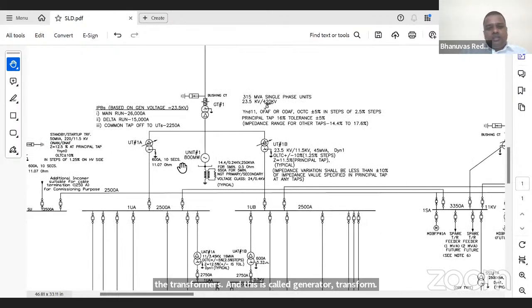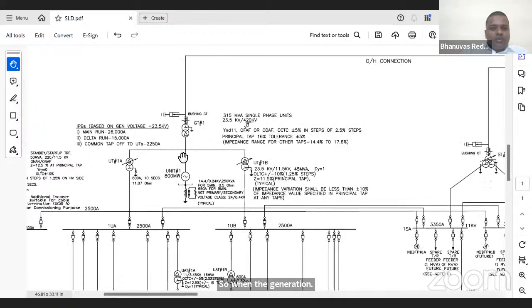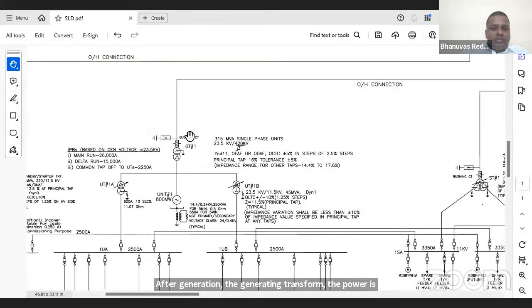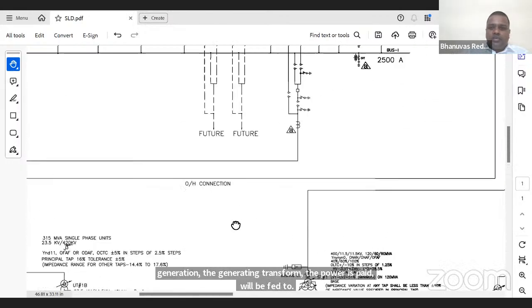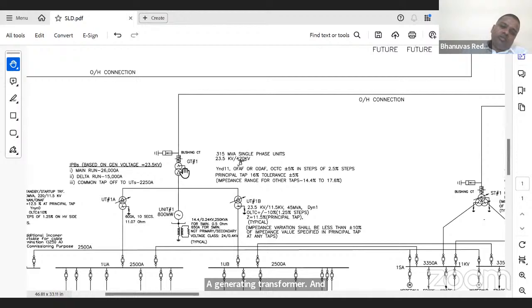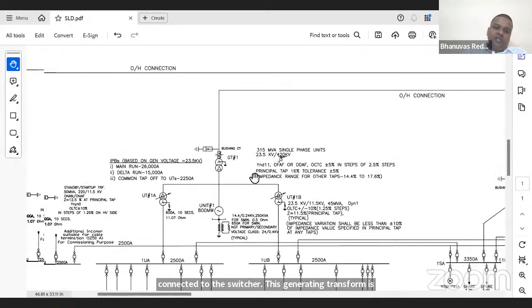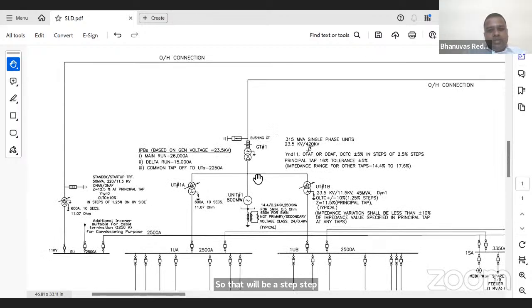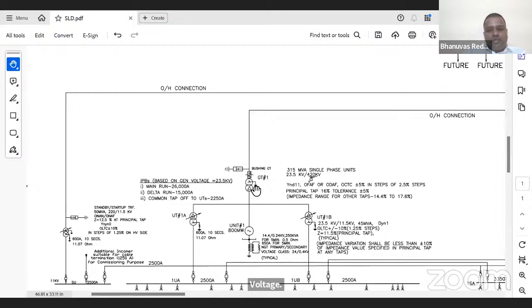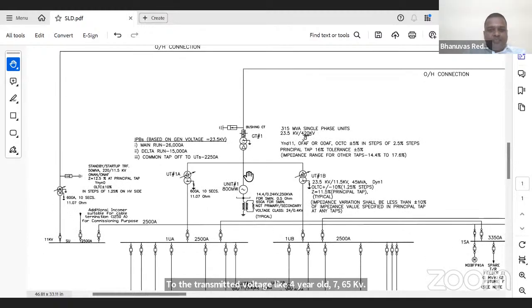After generation, the power will be fed to the generator transformer, and further this will be connected to the switchyard. This generator transformer is a step-up transformer that will step up the generator voltage to the transmission voltage, like 400 kV and 765 kV.